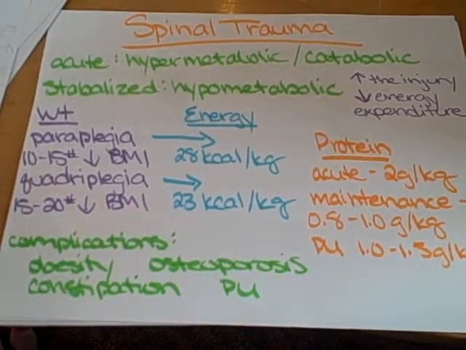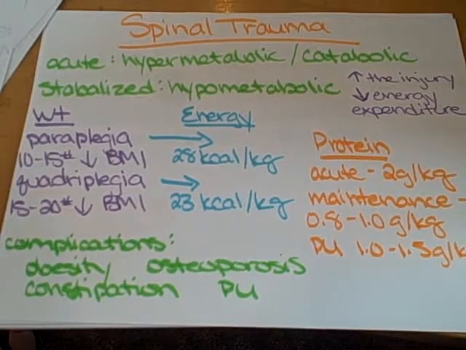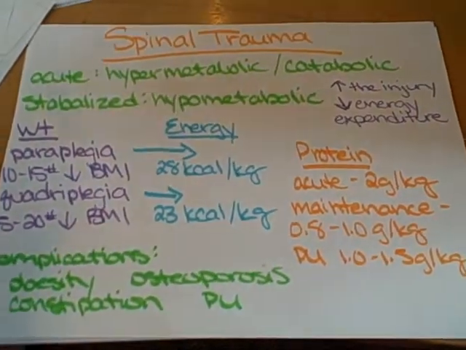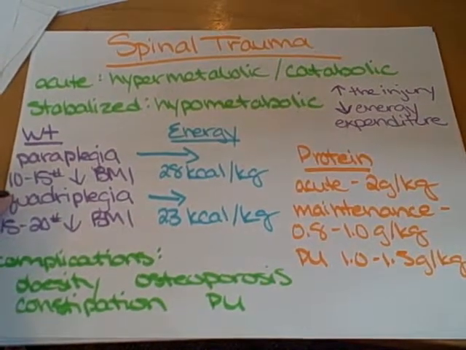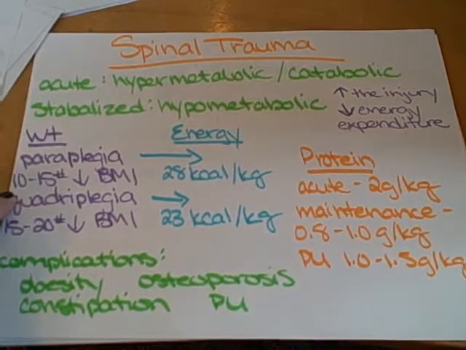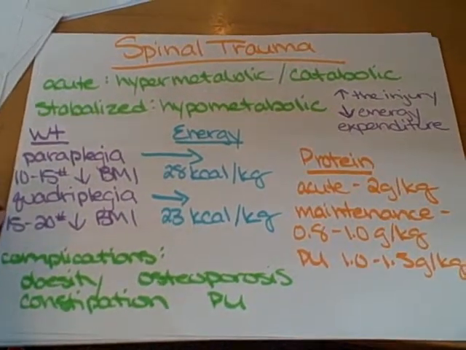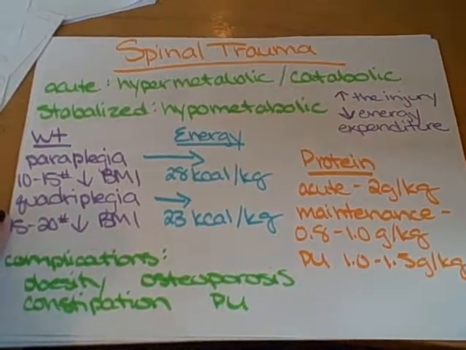We have both weight and energy equations that are used for both a paraplegic and a quadriplegic patient. For paraplegic patients, you want to look at a 10 to 15 pound decrease of BMI. And then for a quadriplegic, it's 15 to 20 pound decrease from the BMI.